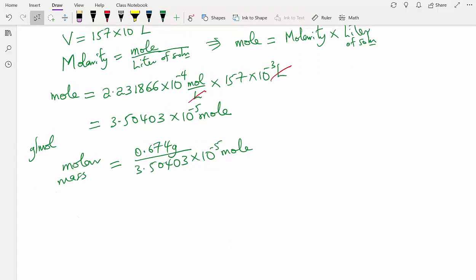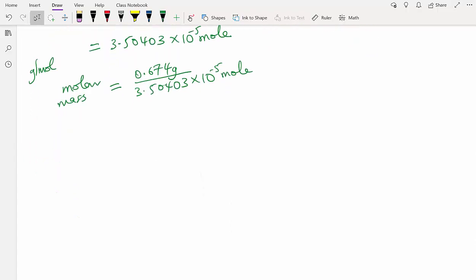And if you put all of these numbers into your calculator, you should get 19234.99 gram per mole, which if rounded to 3 significant figures would be 19200 gram per mole.